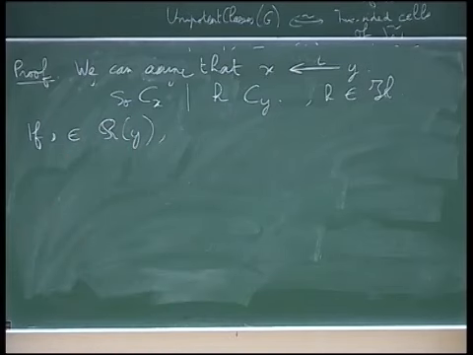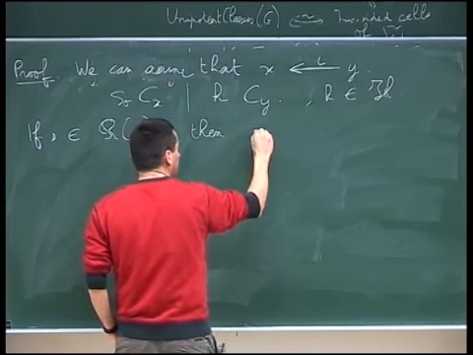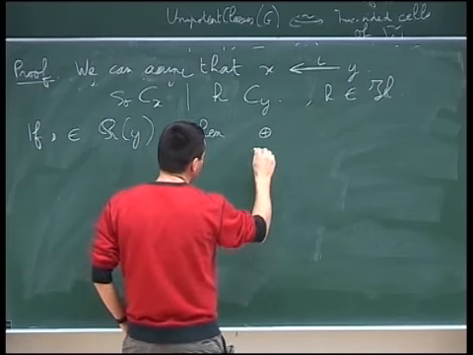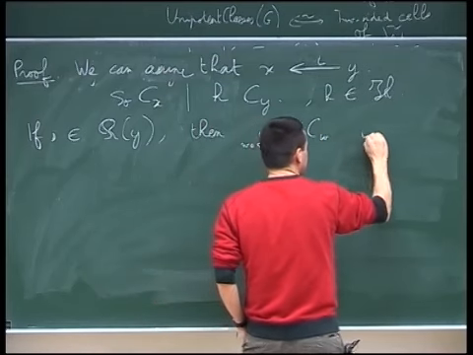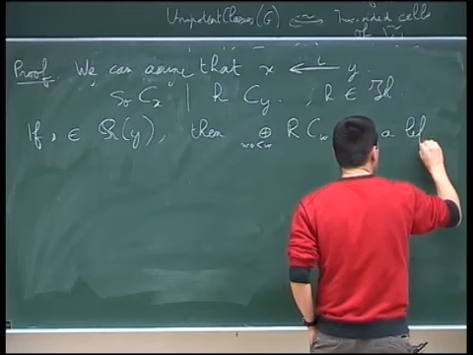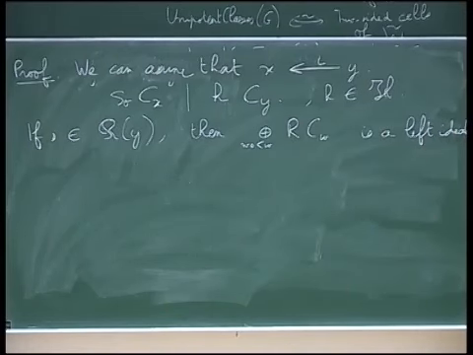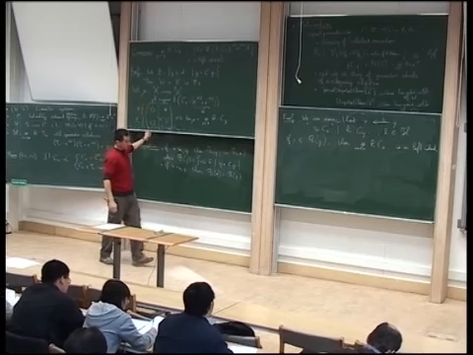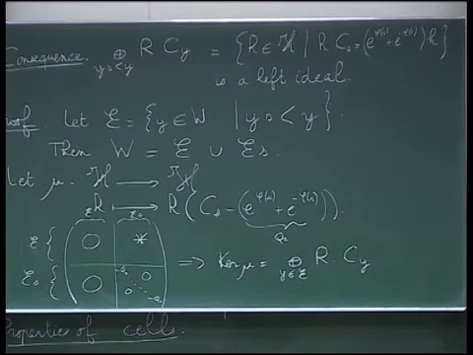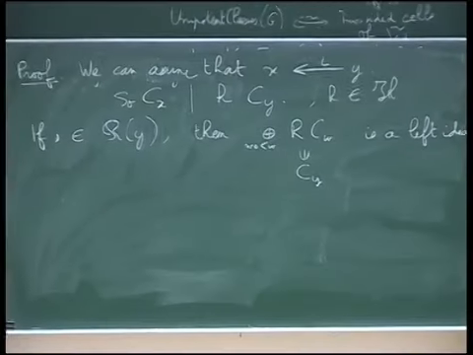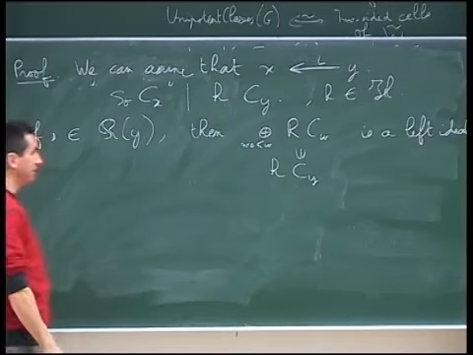But if s is in the right descent set of y, then the sum over ws less than w of RCw is a left ideal. That's what we have proved here. And Cy is an element in this particular left ideal. So it tells you that HCy also is an element in this ideal.